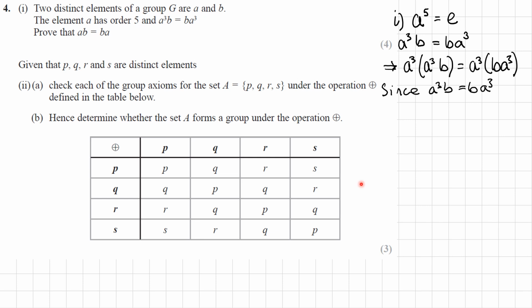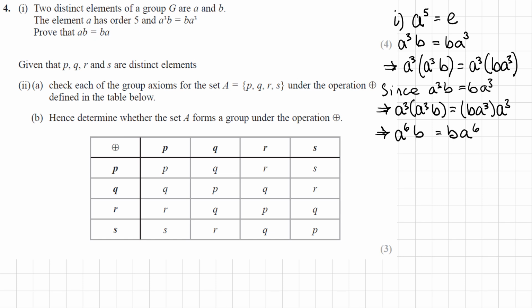Now, since we were given that A cubed B is equal to BA cubed, multiplying by A cubed on the left is the same as multiplying by A cubed on the right, which means on the right hand side I can move that A cubed across so it's on the right. So I'll have BA cubed times A cubed. We'll multiply that out and we'll have A to the power 6 B is equal to BA to the power 6.